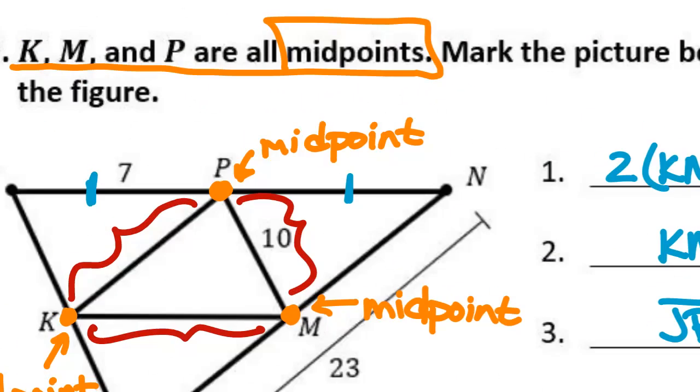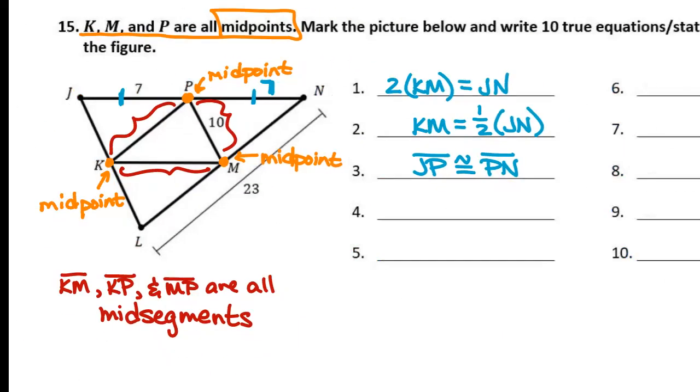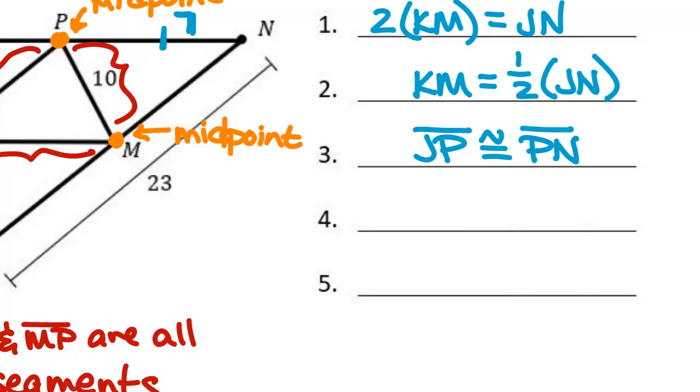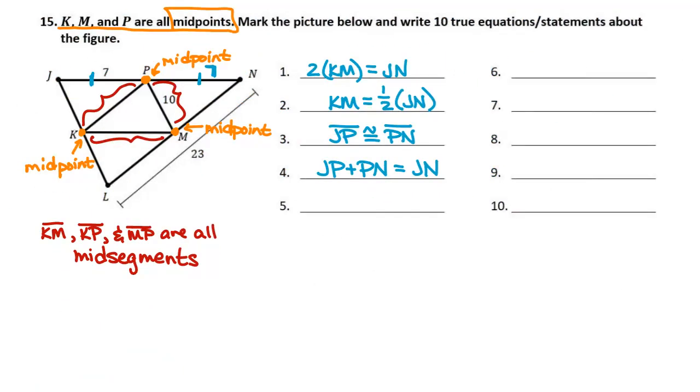So that means this one over here would have to be 7. That's how you knew the other segment was 7. How did you get the 14 from that? You add them. So JP plus PN gives me JN. I've got 4 statements right here, and we're still just looking at the same 2 segments.